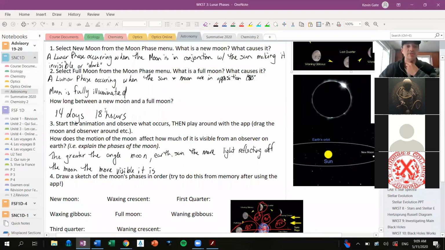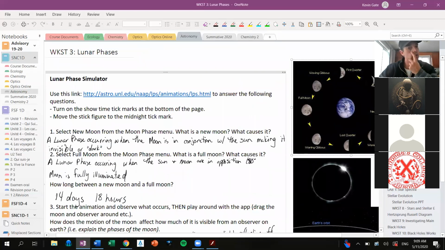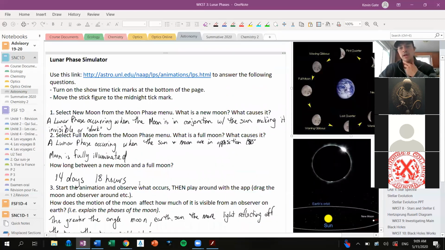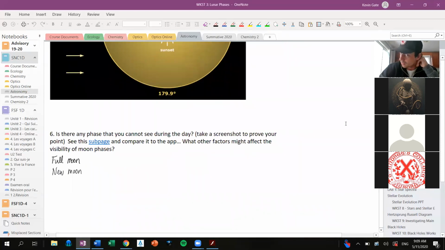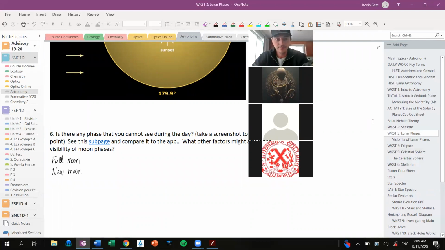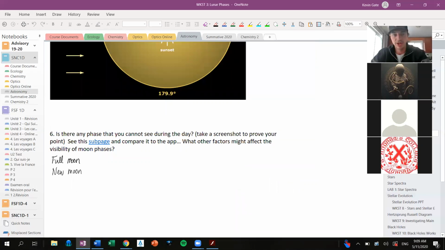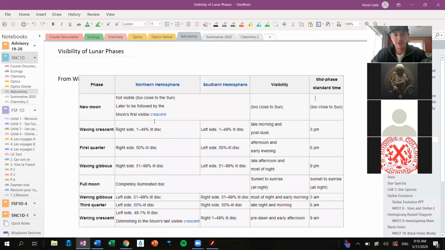I've answered these for those working asynchronously so that they have them in their OneNote. For you guys, if you could please erase them and then fill in your own responses, or just fill in your own responses beside the responses I've given you. That's up to you. You can use this visibility of lunar phases screenshot here if you would like to use that to answer the last question.